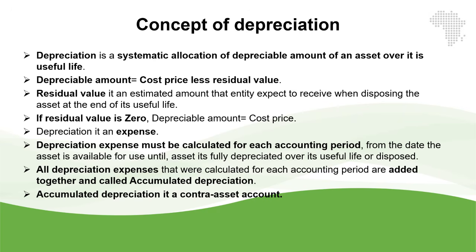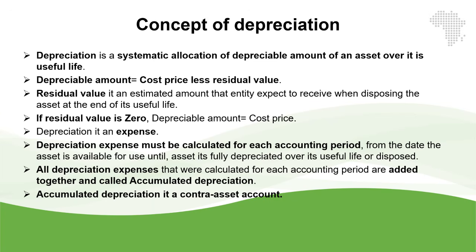So what is important here? Because I said our basic accounting equation is our basis of reasoning, now we are trying to understand where this accumulated depreciation is going to fit. What we are saying here is that accumulated depreciation is a contra asset account. What do I mean by that? If you go to the basic accounting equation, we said assets increase on the debit side and reduce on the credit side.